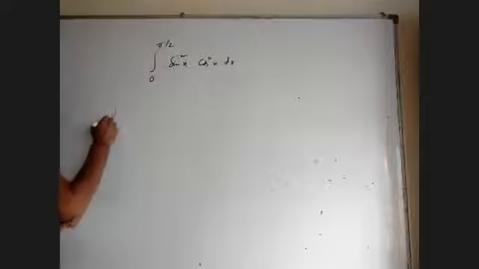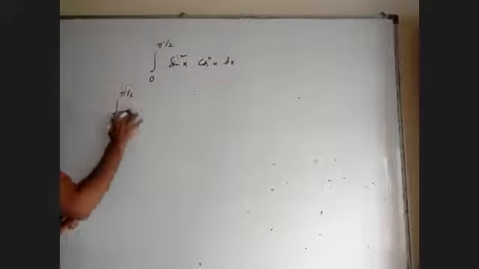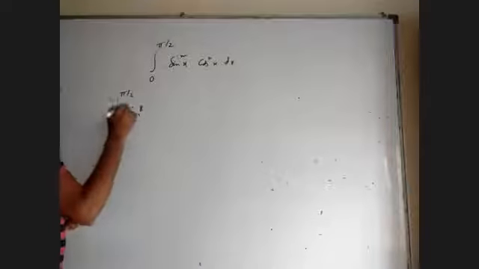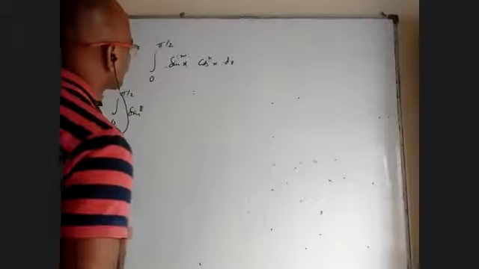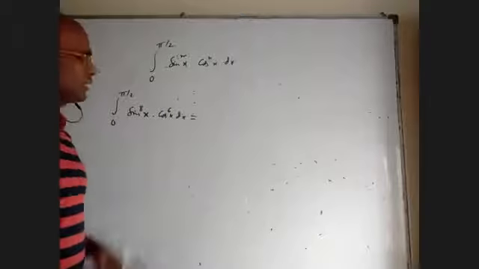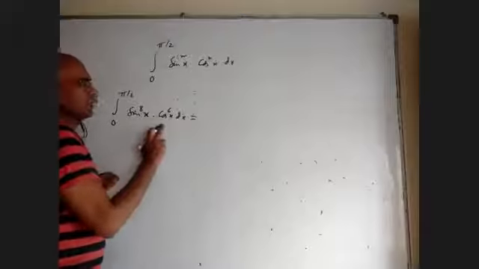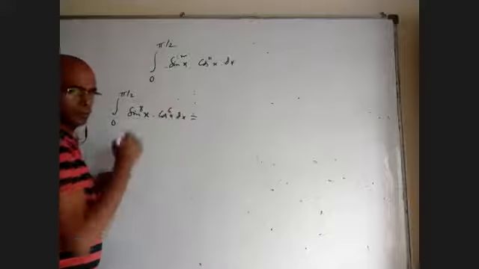Let us take the integral from 0 to pi by 2 of sin power 8x and cos power 6x dx. I'm explaining the both-even case, then if one of them is odd, we'll discuss that. In this case, let's say I want to decrease the power here.